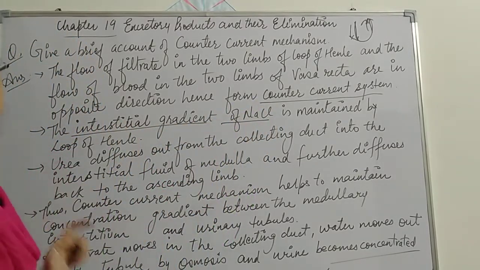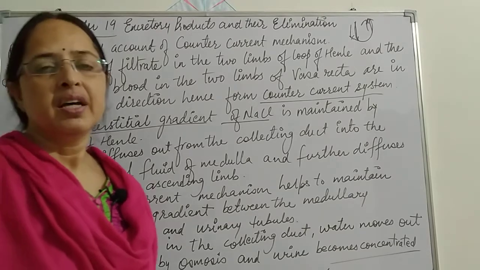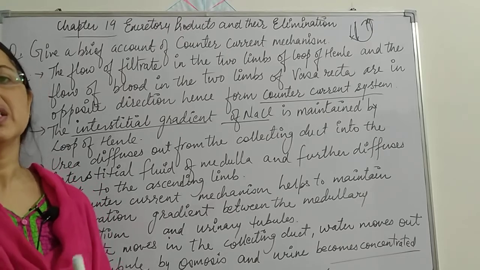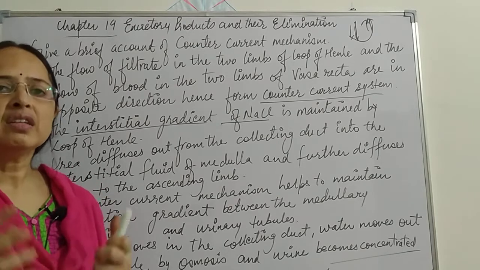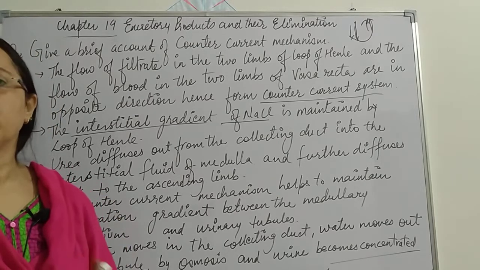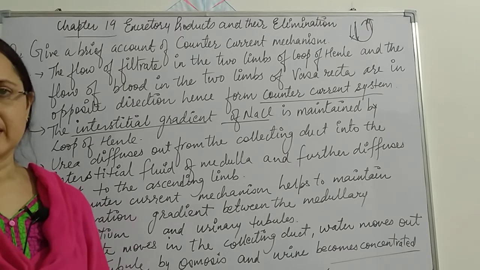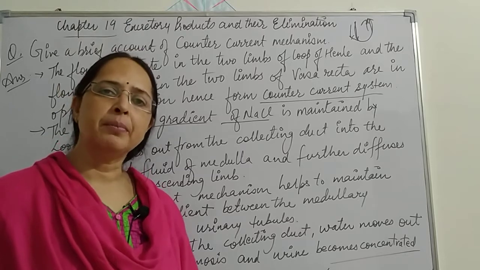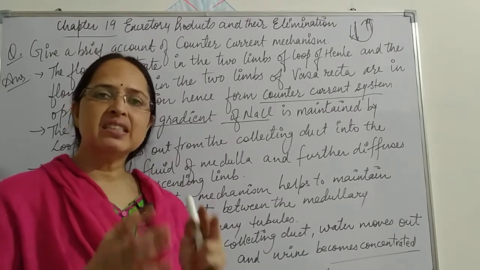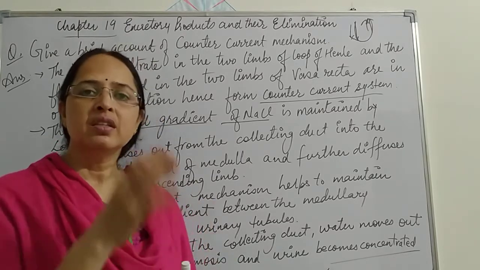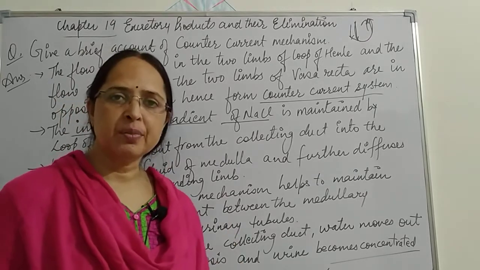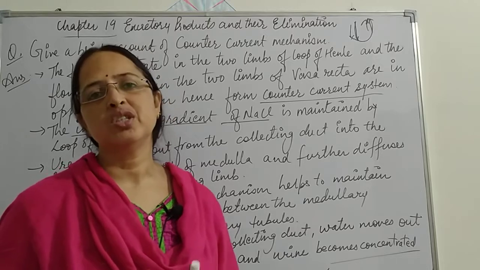What do we mean by interstitial gradient? First of all, we have to understand the meaning of interstitium. In our body, and in the kidney also, there is no hollow space; it is completely occupied by cells. The cells lying between the nephrons are called the interstitium, or interstitial cells.